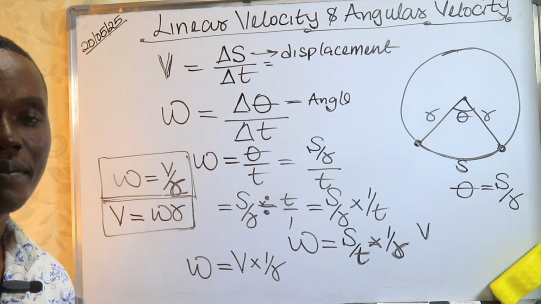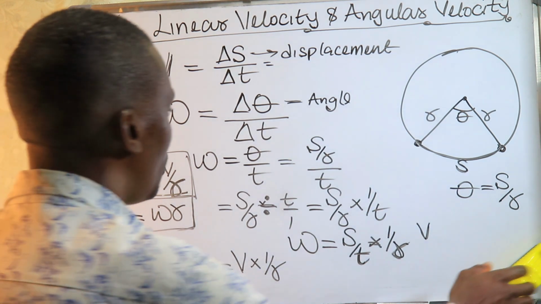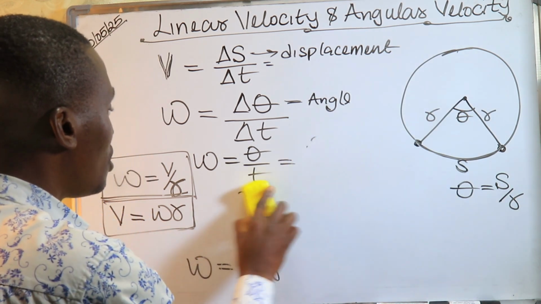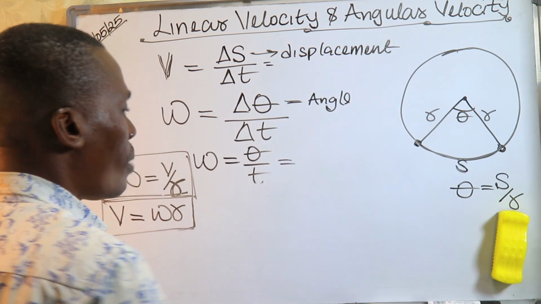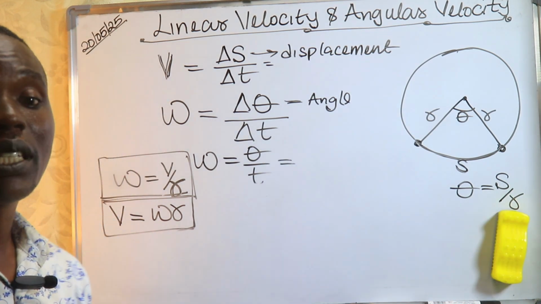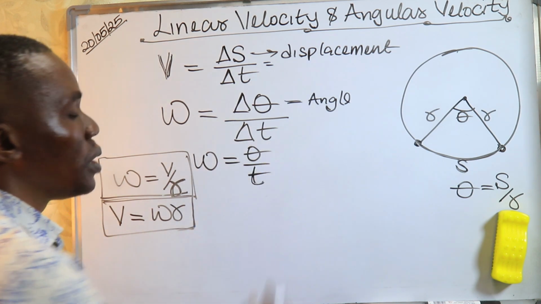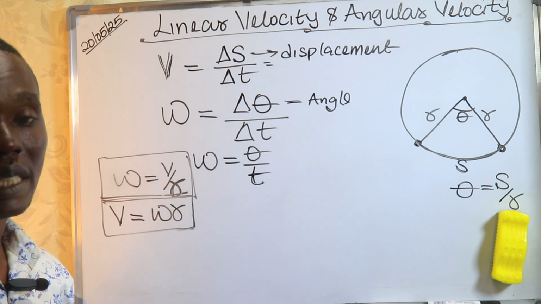Now another thing we want to talk about is angular velocity. As you now have these two formulas, this same angular velocity, we will still talk about it. Remember, we say angular velocity is theta over t. So if angular velocity is theta, the angle, over t.